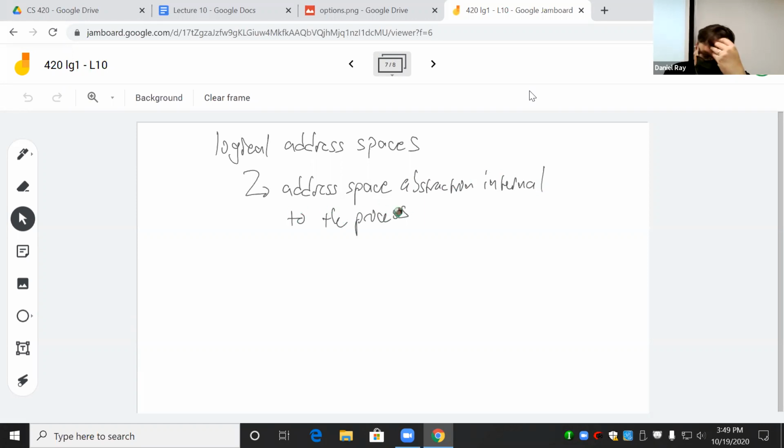Okay? So it gets to start at memory location 0 at logical address 0 and go out to logical address m-1, where m is the total number of words required to store our process.